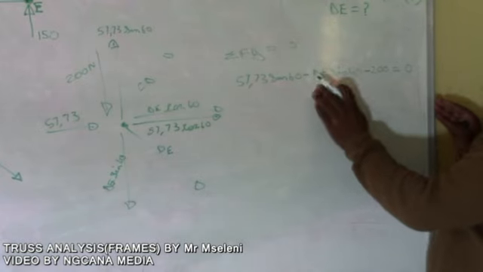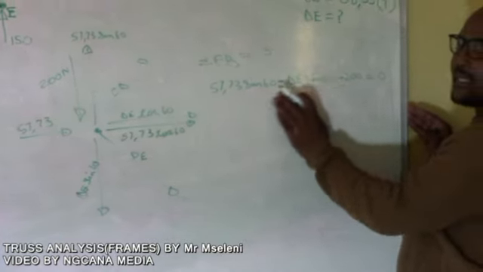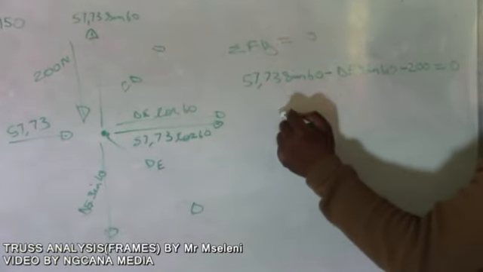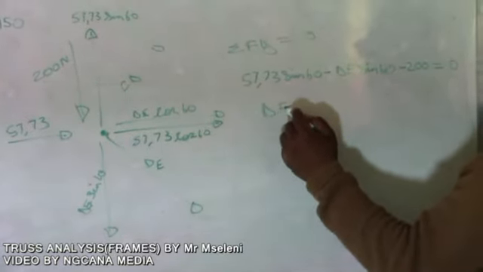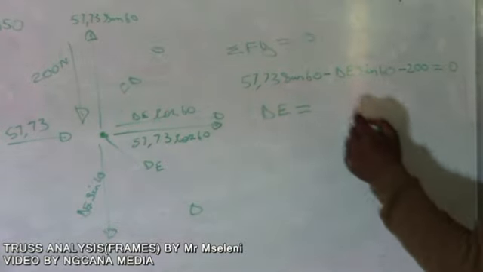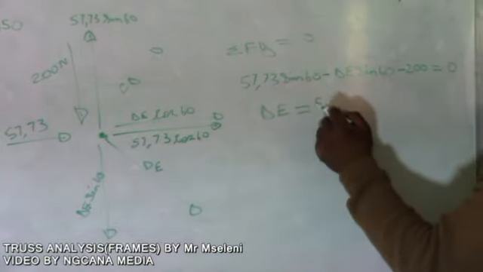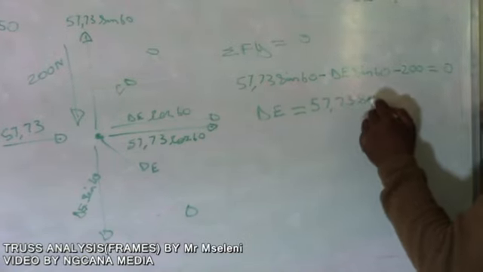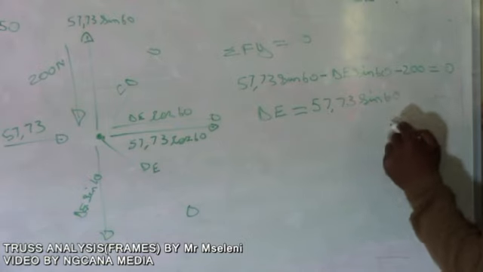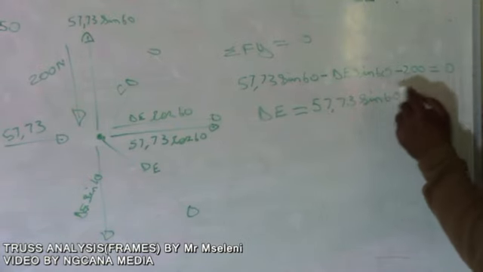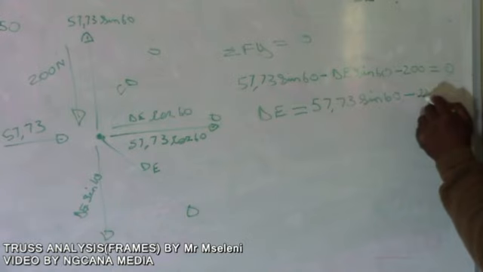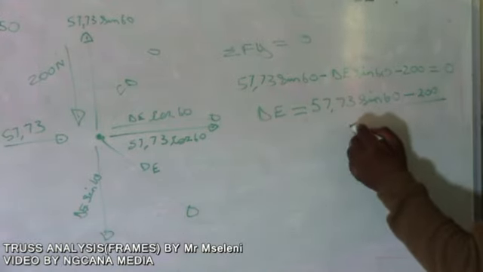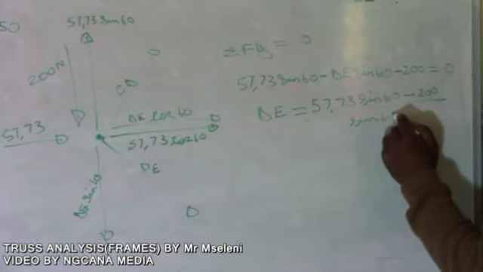And then you make DE the subject of the formula. Therefore, DE equals 57.73 sine 60 minus 200, all divided by sine 60.